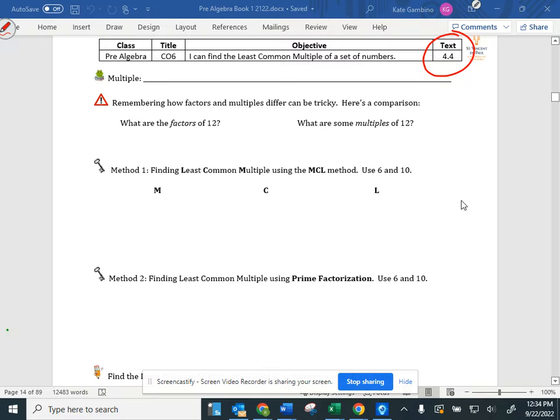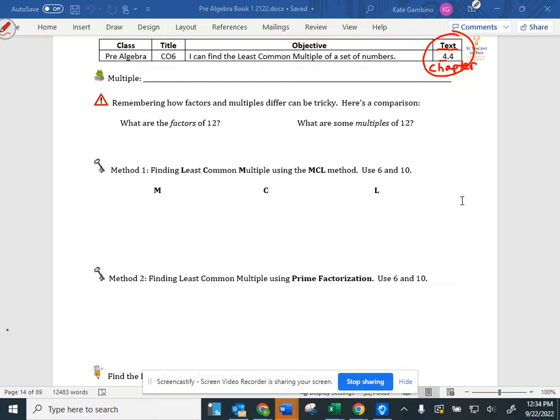So here's how we read what objective page we're on and how to find it in the book. You can see it says text. That means for the textbook. Our first number is the chapter. So this objective is coming from chapter 4.